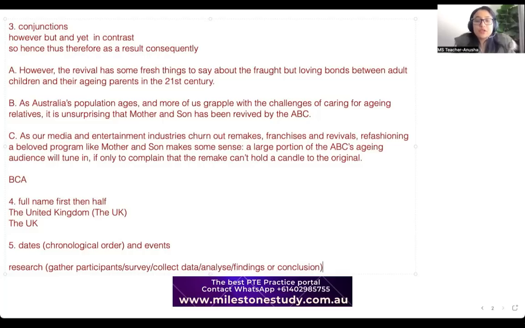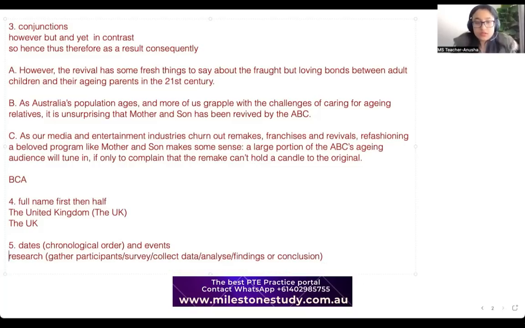You won't collect data and then gather participants, because without gathering participants, you cannot collect data. You will not survey first. You will always have participants, maybe 500 participants, maybe 50,000 participants, and then you'll start surveying, then collect data, analyze data, and then findings. So that is event-wise. You will need to order the sentences.